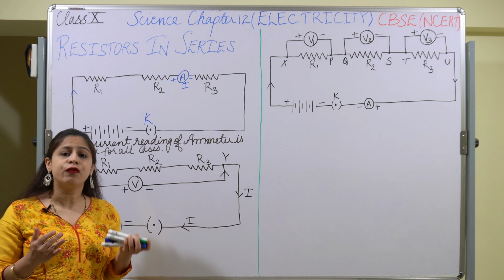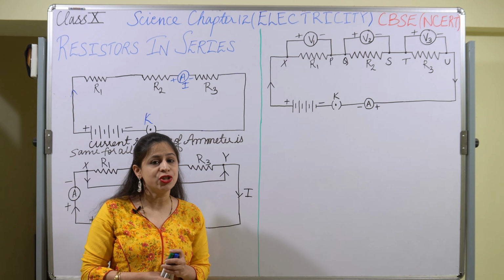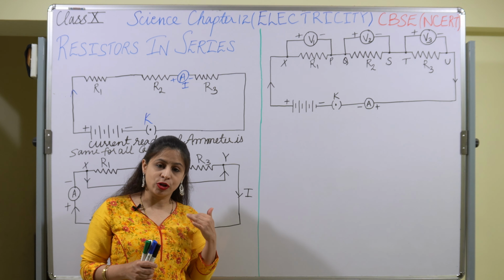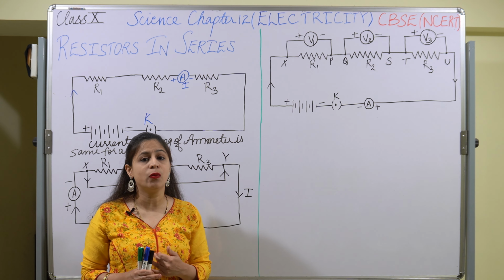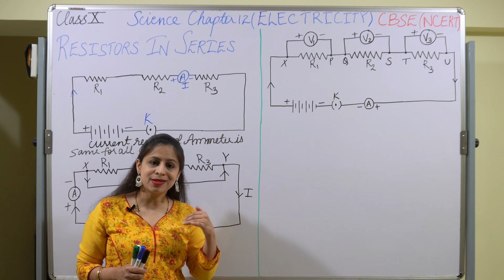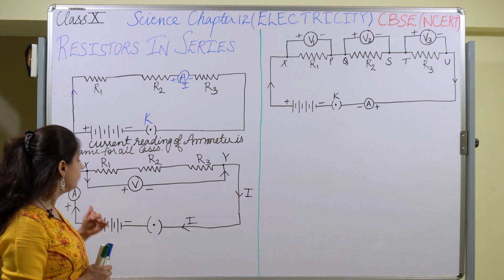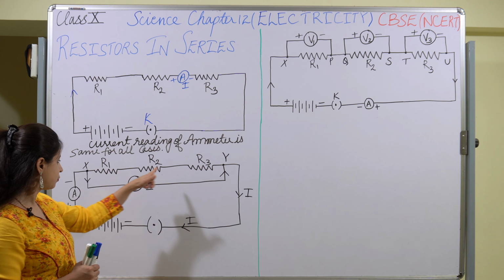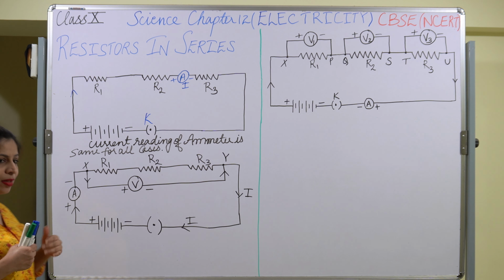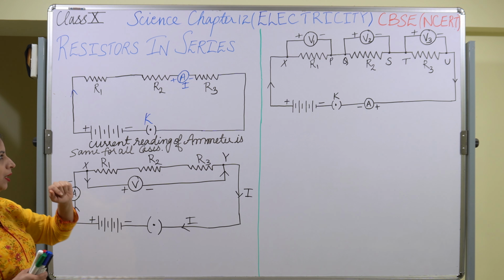Now let us check for the voltage. For the voltage also, the activity is given in the NCERT book, so let us recall that activity. A connection is made similar to the earlier one.